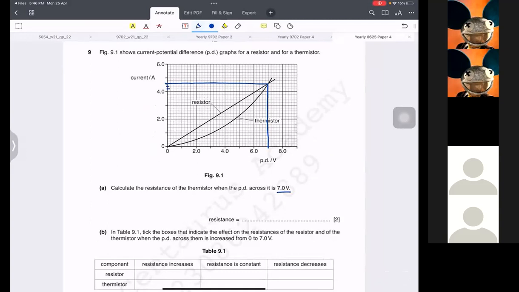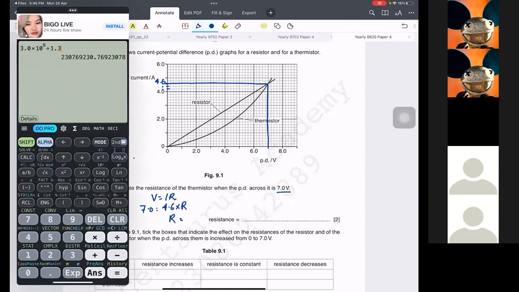So I think it's 4.2 and 4.2, 4.4, 4.6. That's 4.6. So you have the current. Now you use V is equal to IR. Current is 4.6 and you find resistance. That is about 1.52 ohms.